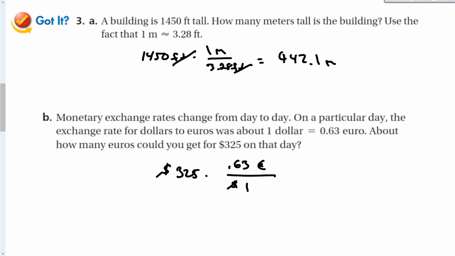Dollars cancel out, and we have 325 times 0.63. And so on this day, you would get 204.75 euros. Okay? So definitely less than you have in dollars.